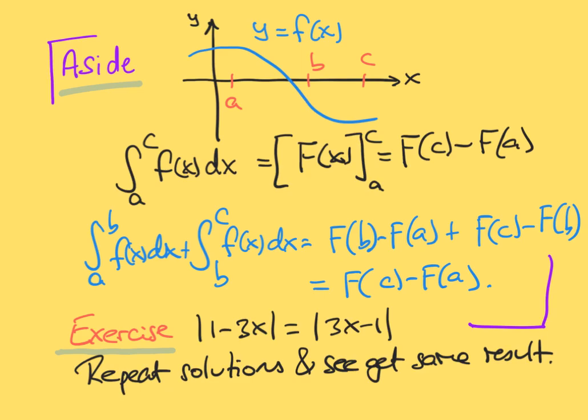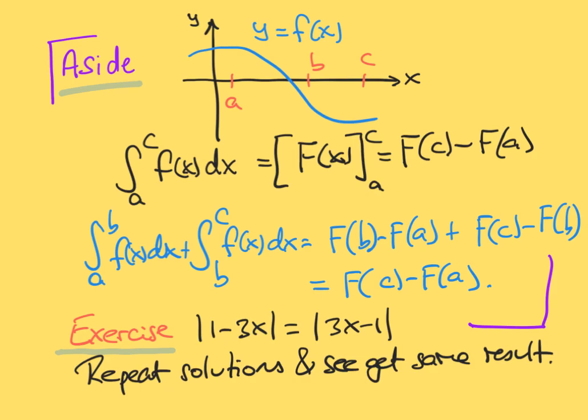And we can always break this integral up as an integral from a to b, and then an integral from b to c. And in that way, we say that we're going to integrate from a to b, and then we add from b to c. And here, in exactly the same way as there, we have capital F evaluated at the upper limit minus capital F evaluated at the lower limit, plus capital F evaluated at the upper limit minus capital F evaluated at the lower limit.